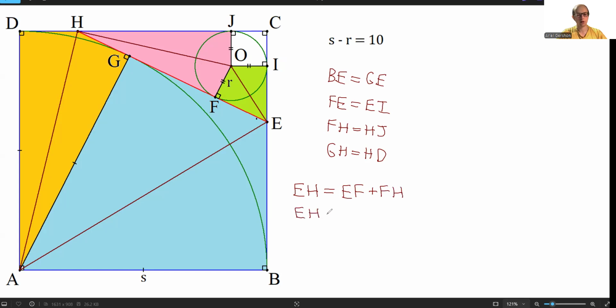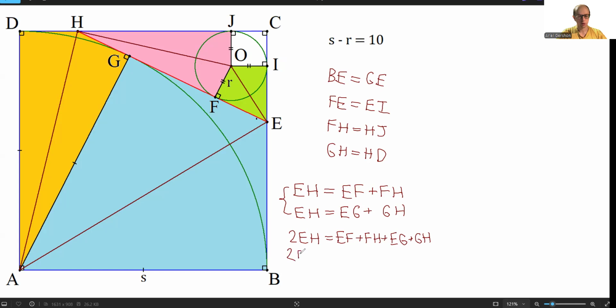And we can do the same thing for the point G, since E, G, and H are also collinear. So we have EH is equal to EG plus GH. And now we can add those two equations to get 2EH equals EF plus FH plus EG plus GH.